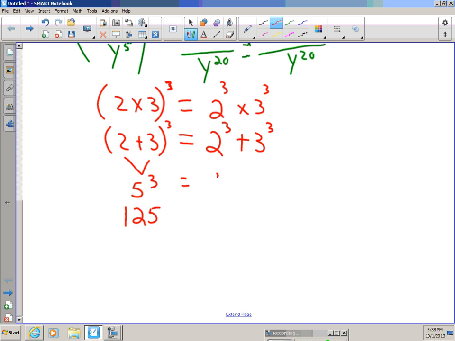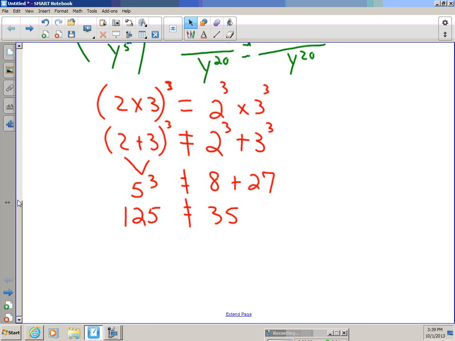While here, I do exponent and then addition. It is not true. Why is it not true? Well, the parentheses tells me add, multiply, while this is telling me multiply and then add. So those are not equivalent statements.